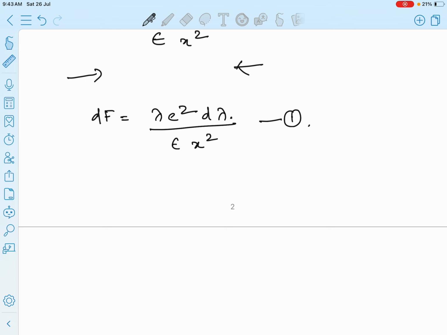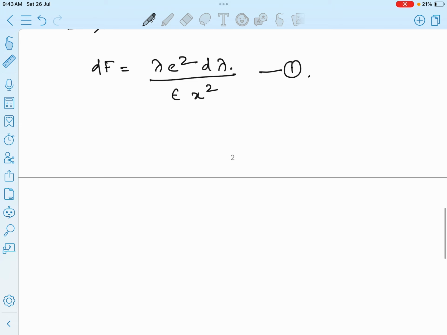So therefore, we will write that the work done by moving ions, obviously the distance is decreasing.